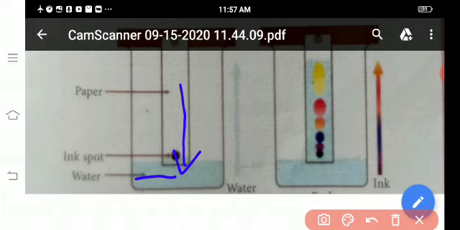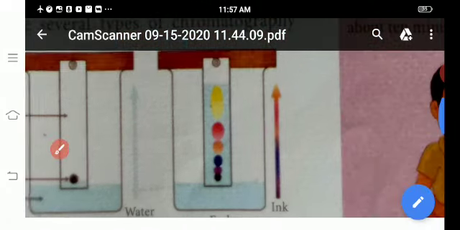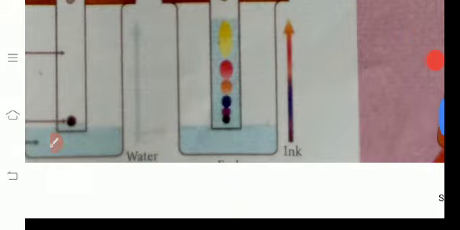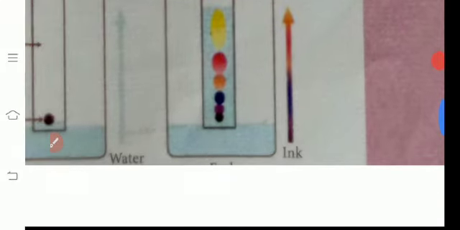Here we have blue ink, so when you dip the paper in the water, the color changes to blue. Then, next one, listen. Here see the colors of the ink. Okay, this is called paper chromatography.